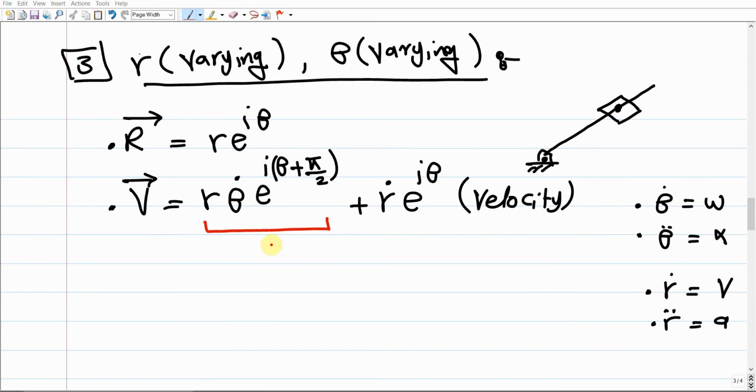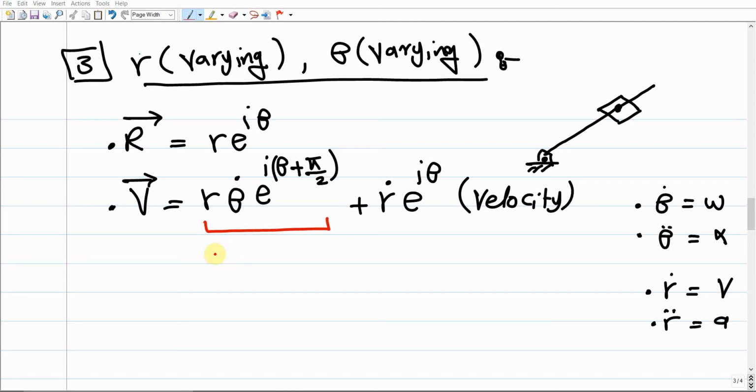The first term is r theta dot, like r omega, and this is what we did in the dynamics class. If an object rotates and a point belongs to this object, the linear velocity of this point is r times omega, right? This is the same expression we used before.